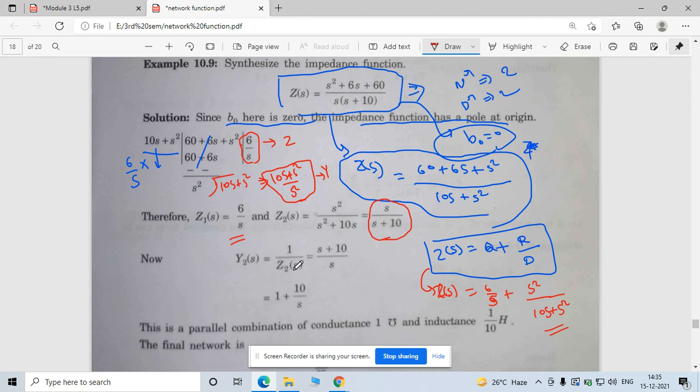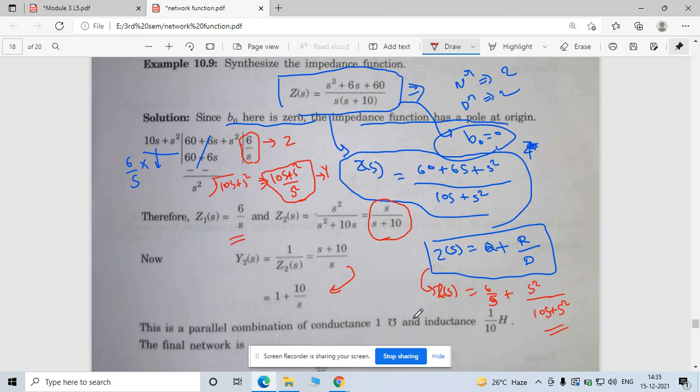Now this is your impedance, but how to take the admittance for this network? Simply take the reciprocal. When you take the reciprocal of this Z2 of s, you get Y2 of s. Further separating this, you get s by s is 1, and 10 by s.